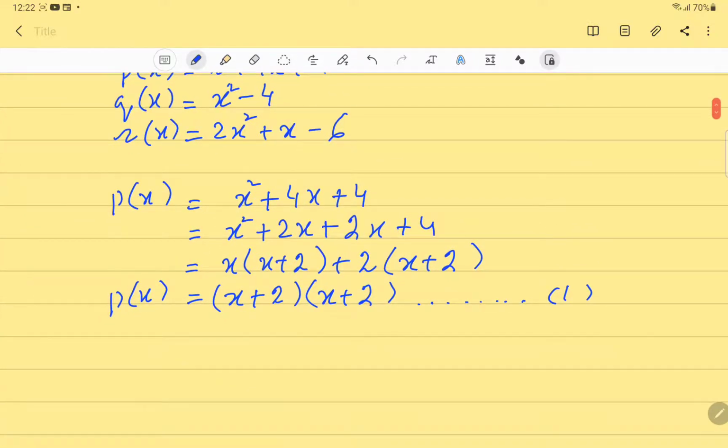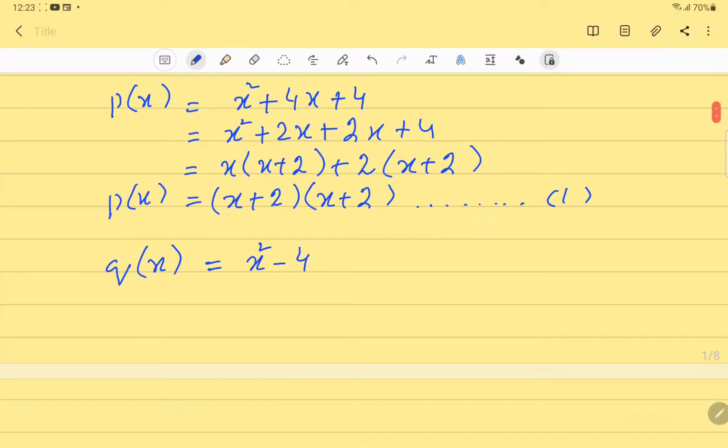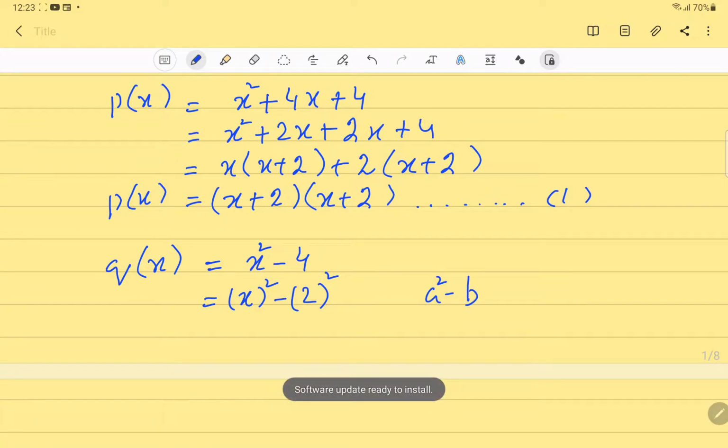Now we go to the second one, which is qx is equal to x squared minus 4. In this expression both the terms are complete squares and there is a minus sign in between. So in these types of situations, we will be using this formula: a squared minus b squared is equal to a plus b into a minus b.